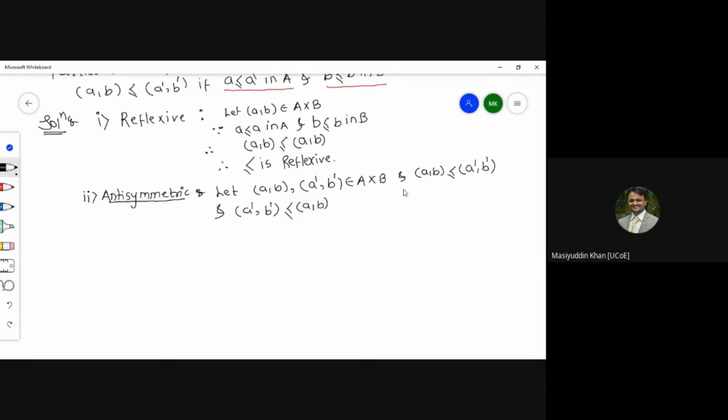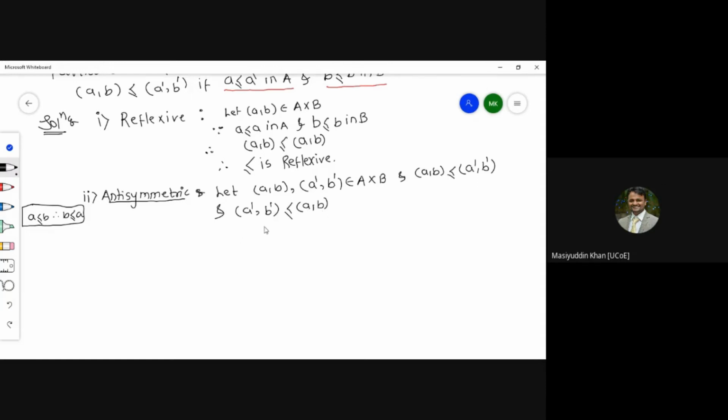So what is antisymmetric? Simply, if a ≤ b and b ≤ a, then a = b. This is our main condition of antisymmetric, whatever the relation given, here less than or equal to. Similarly, we have to define (a, b) ≤ (a', b'). Therefore, (a', b') is also ≤ (a, b).